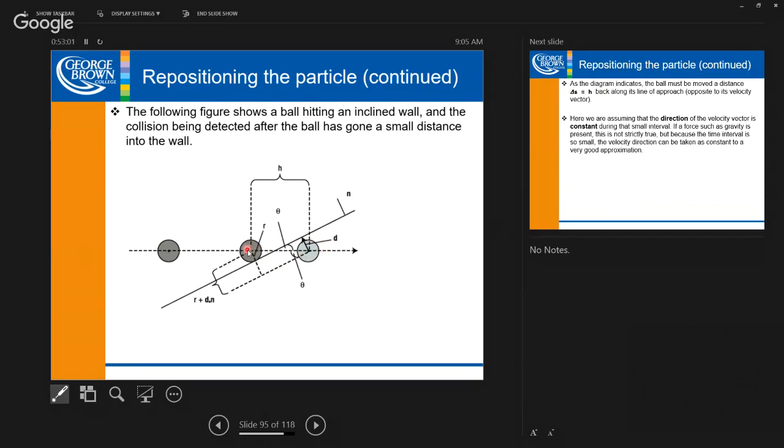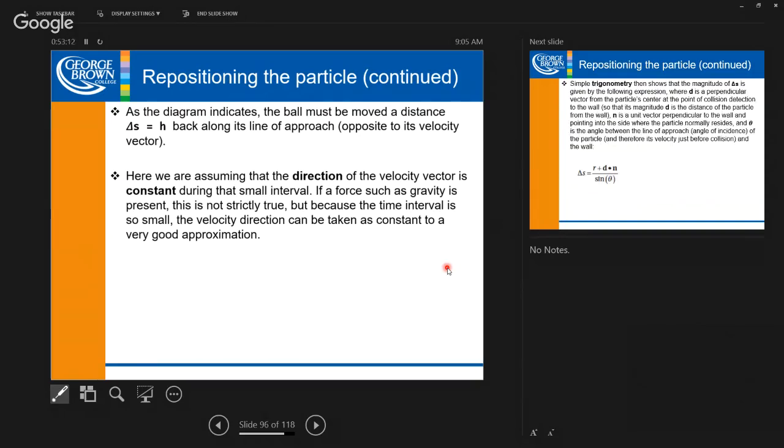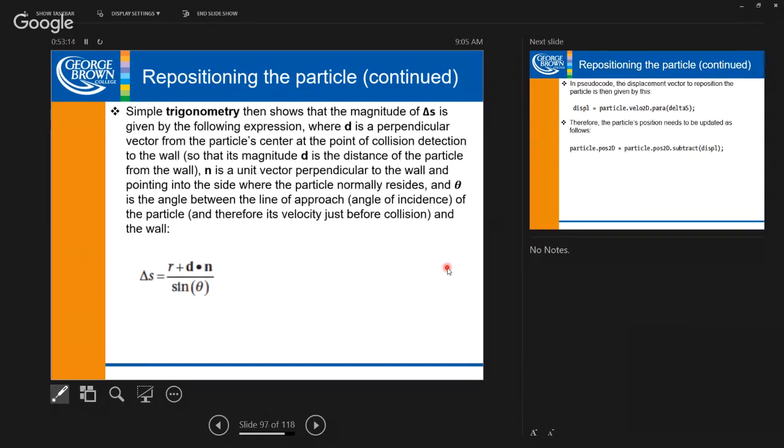And then once you've repositioned it, the angle of attack is going to be the angle of response, whether it's against an incline or against a straight wall, horizontal or vertical. And we have this little equation, which is the displacement, which is the radius plus the distance dotted with the normal, dot product, normal.